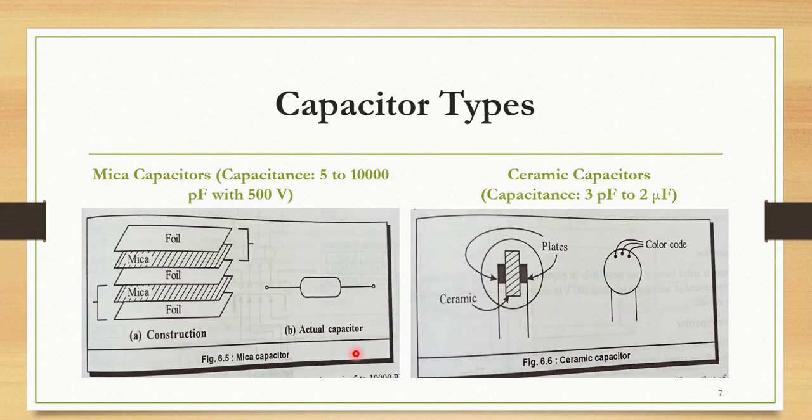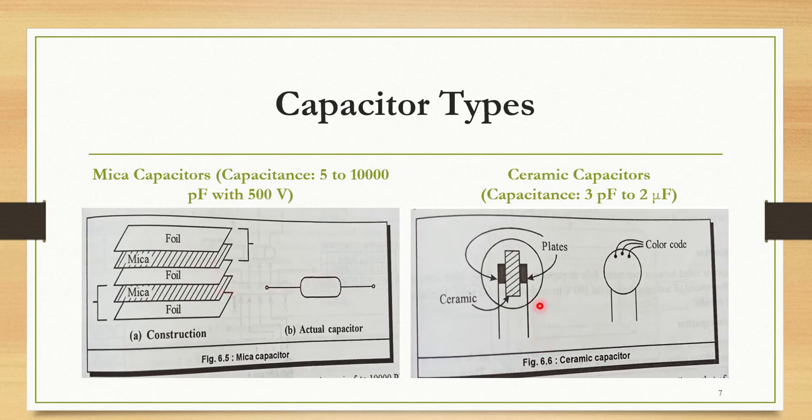Now this is a mica capacitor and this is a ceramic capacitor. How is it prepared? In ceramic it looks like this. It is a metal foil, and between them is mica. This way these capacitors are manufactured, and symbolically we write like this.